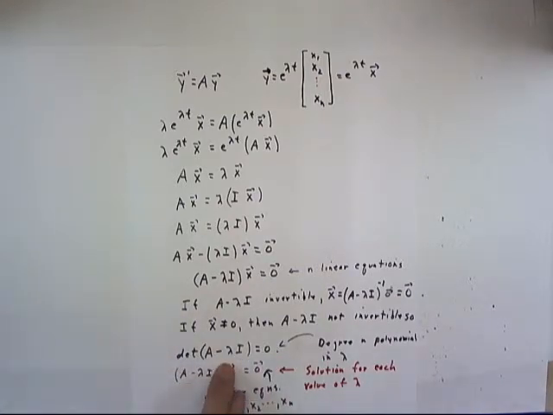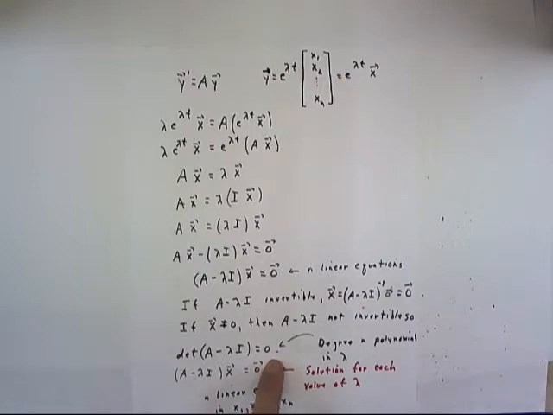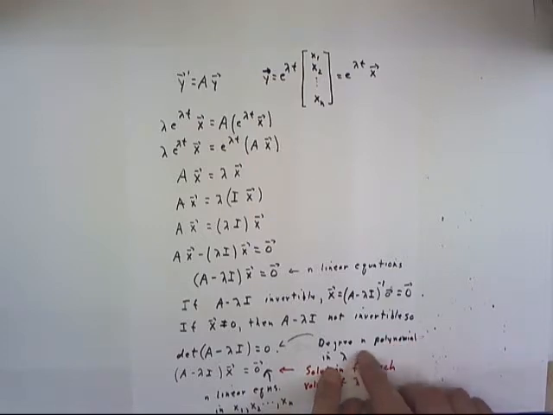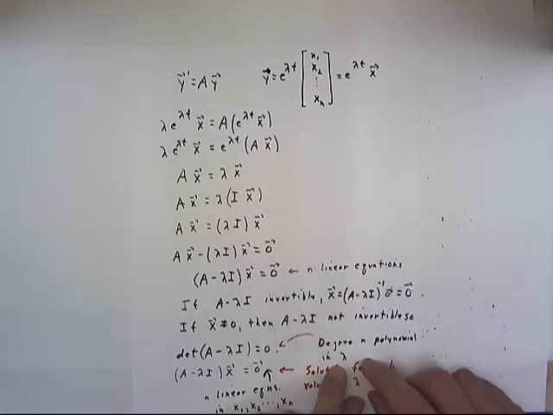So we have the condition that the determinant of this A minus lambda I matrix has to be 0. Now, the determinant of the A minus lambda I matrix, as we've seen through examples, we know to be a polynomial in lambda. If this is an n by n matrix, then that polynomial is going to be of degree n.